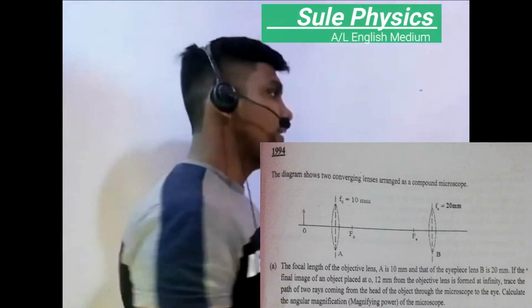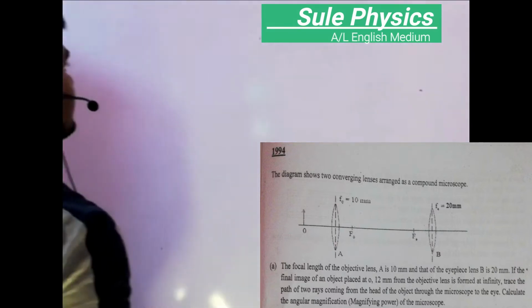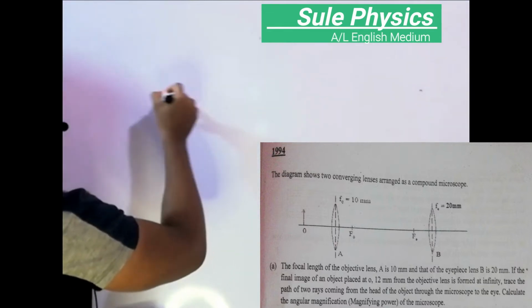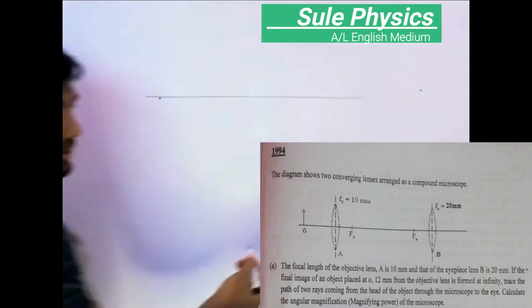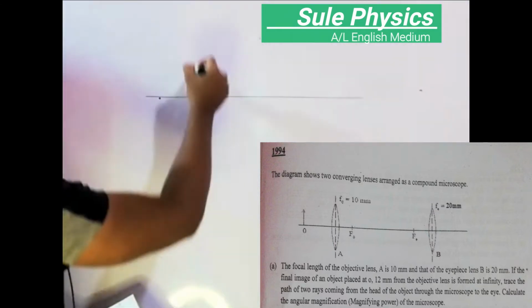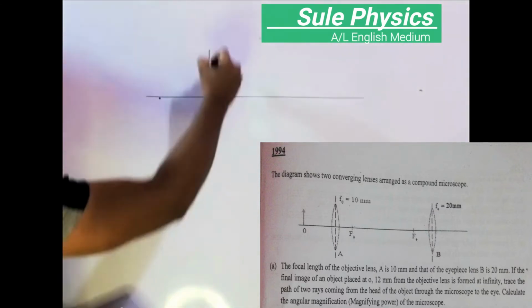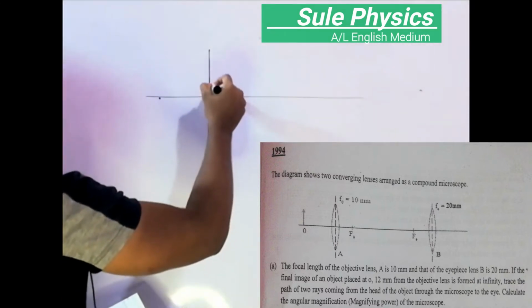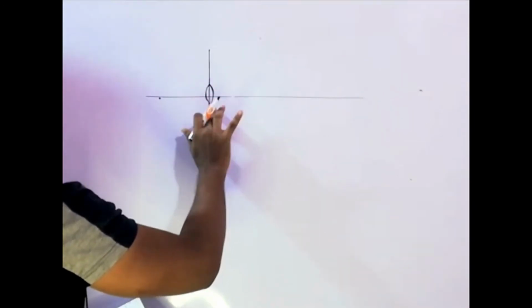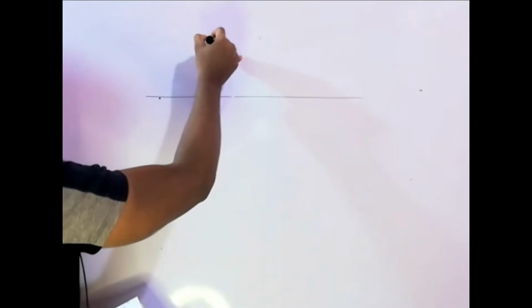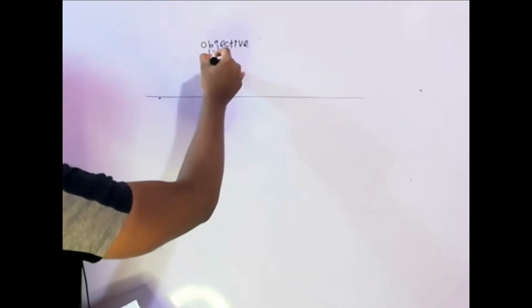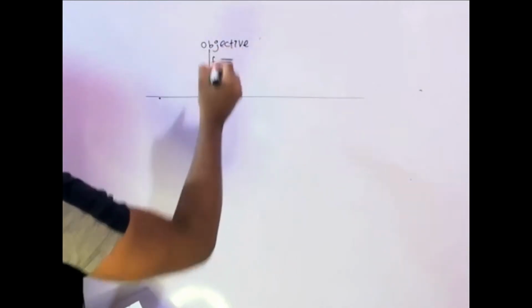Right, okay. Now how would we draw the ray diagram? Now you know that in this case, here is our objective lens located, and its focal length FO is equal to 10 millimeters.